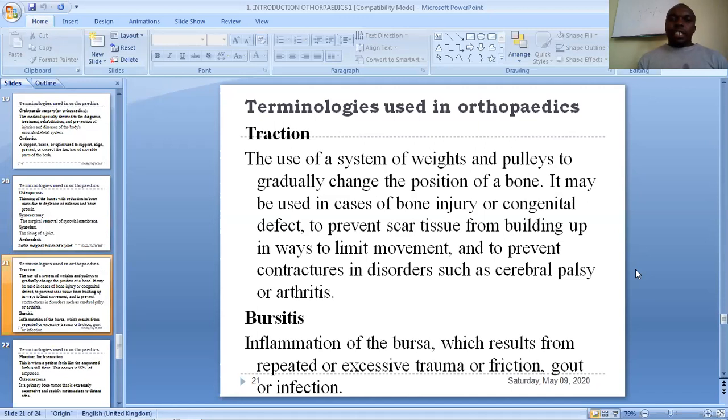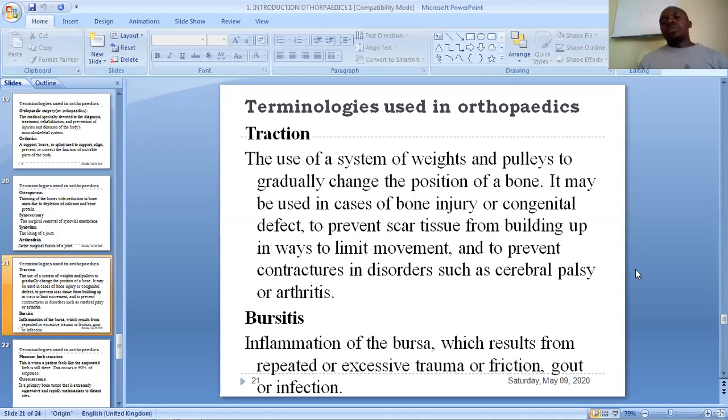Let's look at traction. This is the use of systems of weights and pulleys to gradually change the position of a bone. It may be used in cases of bone injury or congenital defects to prevent scar tissue from building up in ways that limit movement, or to prevent contractures in disorders such as cerebral palsy or arthritis.